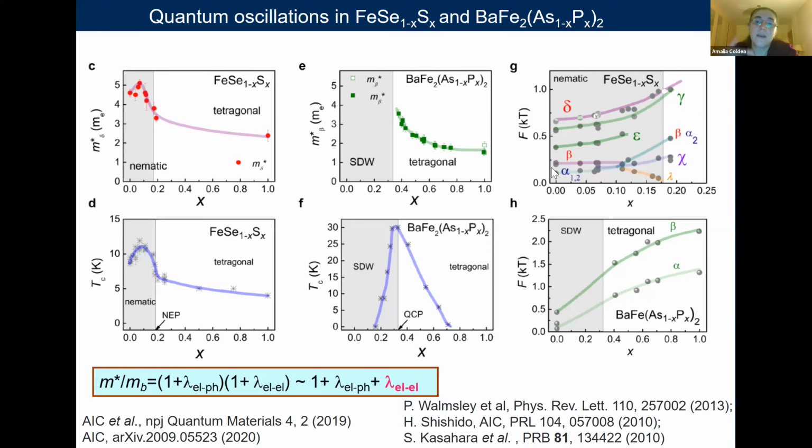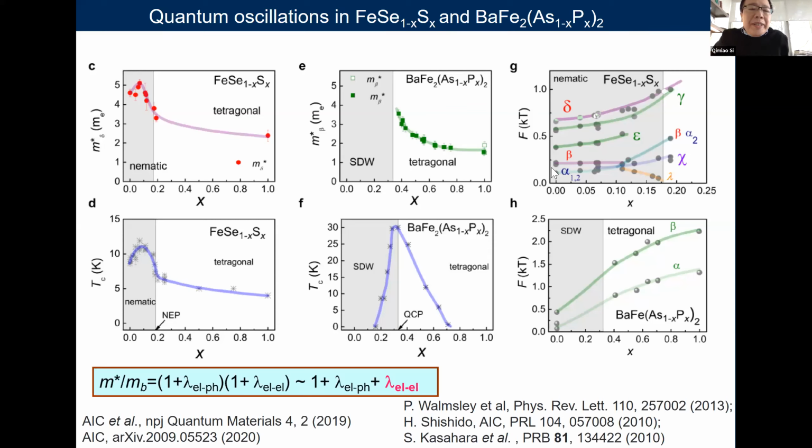So the question is, is it because we average out all the effects, or is it a real effect and this nemato-elastic coupling kills all these fluctuations? But because Tc is also suppressed, we know things are more severe. That means these critical fluctuations are really somehow quenched. Okay, thank you. One more question from Qimiao.